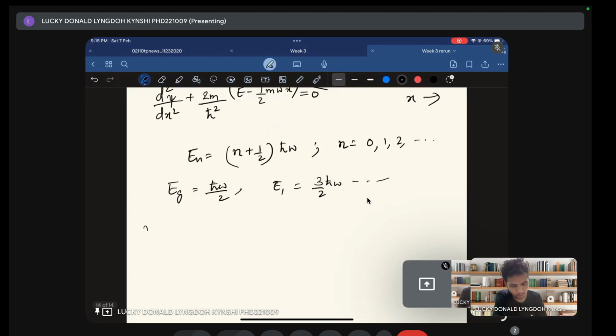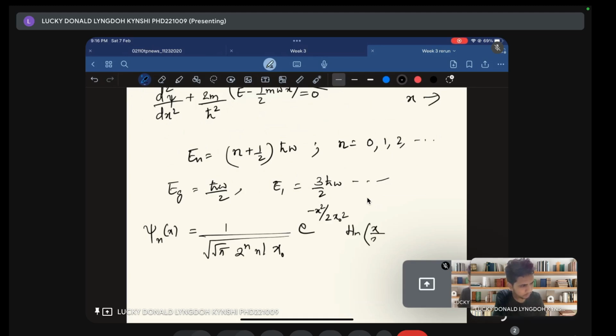And the wave function, after solving this, you can write psi of x equal to 1 by root pi 2 to the power n factorial x naught, e to the power minus x square by 2 x naught square, Hn of x by x naught.